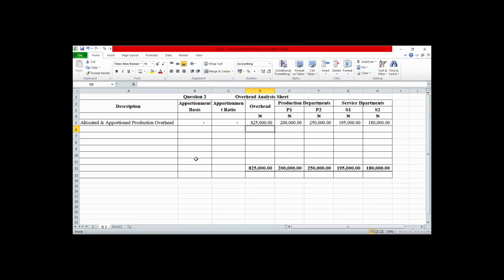Now, our concern now is to apportion all the service departments to the production department. The first one we are going to do is S1 apportionment.